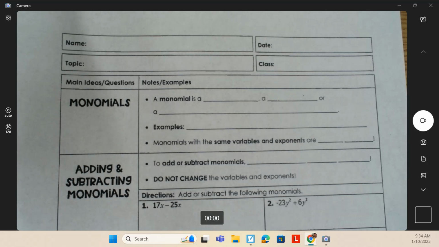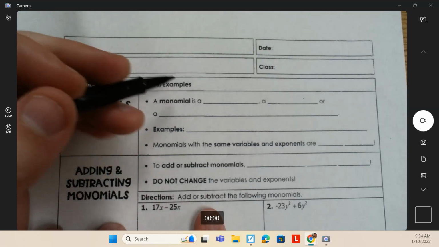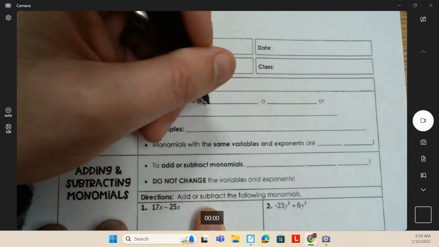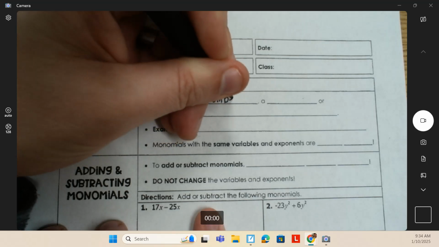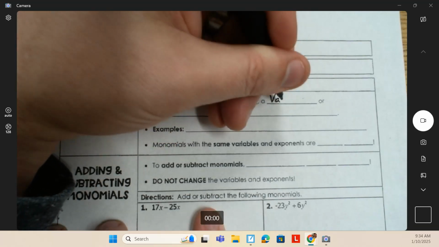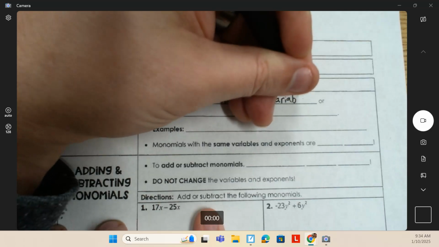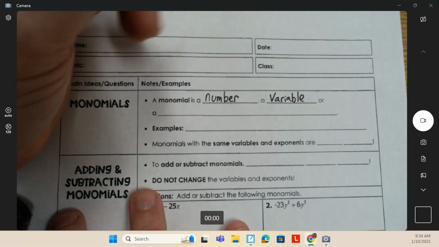A monomial, mono means one, and that monomial is either a number, it could be a variable, or it could be a product of both a number and a variable.